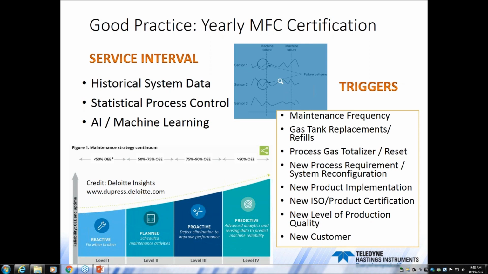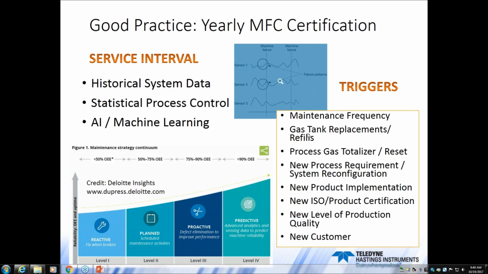Sometimes a trigger can be a new process requirement or system reconfiguration. Obviously, if you're reconfiguring the system, you're taking time to do some of the upgrades on the tool. This is a good time to send your MFCs out for service, for reconfiguration, or for just a simple certification, just to make sure the functionality is there, the flow values are there, and the MFC is clean and can render the right function.